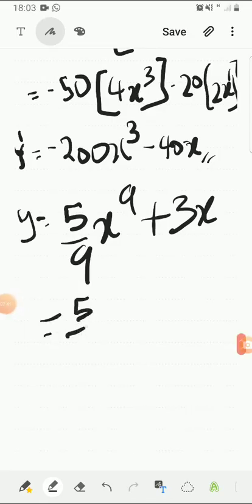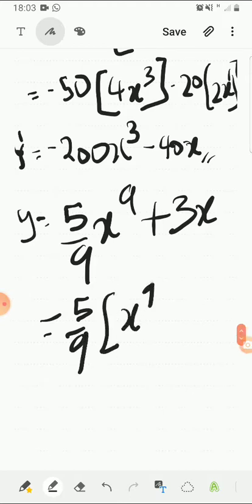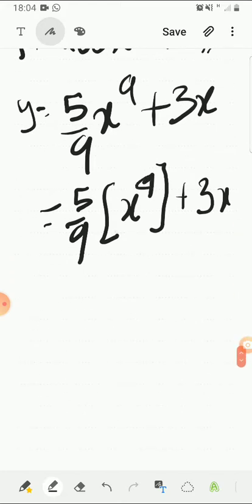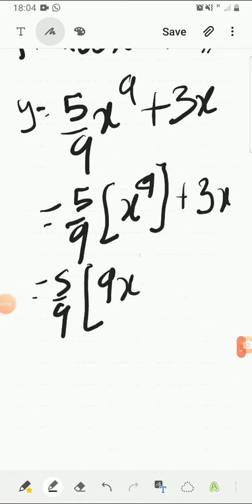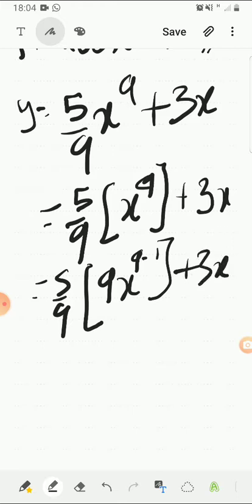You bring out 5 over 9 and keep it outside while working with x raised to the power of 9 in brackets, and of course 3x outside. Now 5 over 9 is outside. Bring your power down, minus 1 from the power, plus 3x.